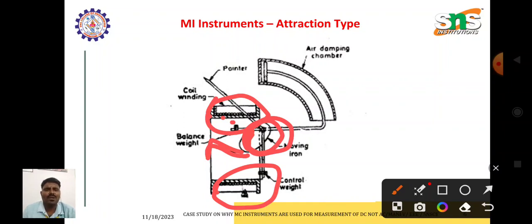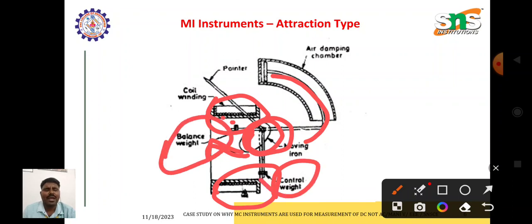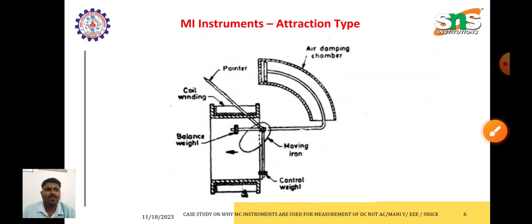During this movement, the pointer and spindle all move across the scale. Once the power is interrupted, with respect to the control weight and the balance weight, it moves back to the original position. It does not return immediately, it slowly comes down because of the air damping chamber.